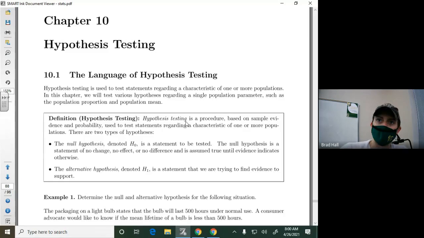In today's section, we're going to be talking about hypothesis testing. When we were talking about inferential statistics in the last chapter, we mentioned that there are two types of inferential statistics.